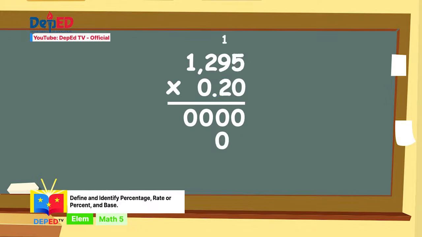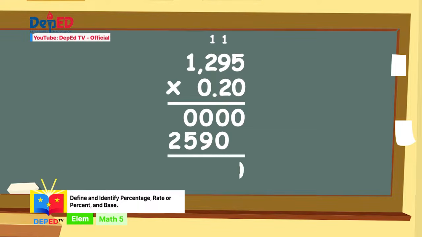Write 0, carry 1. 2 times 9 equals 18, plus 1 equals 19. Write 9, carry 1. 2 times 2 equals 4, plus 1 equals 5. And 2 times 1 equals 2.